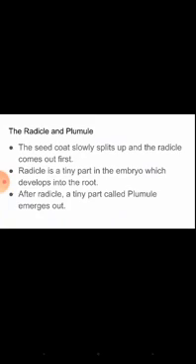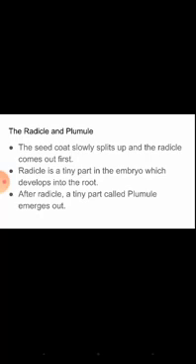We know that in between the cotyledons we have the embryo, that is the baby plant. The embryo has two parts. One is the radicle and another one is the plumule. The radicle grows or develops into the root of the seedling and the plumule grows into the shoot.